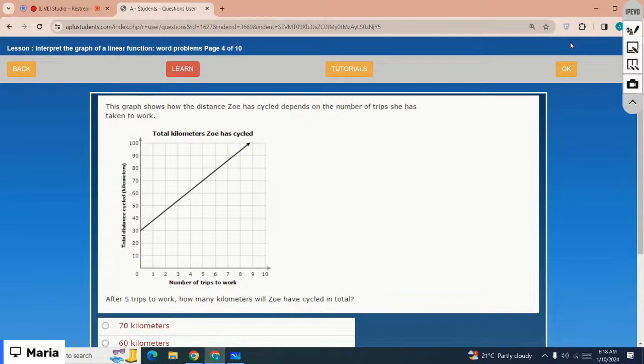That is 70 kilometers. The correct option is 70 kilometers.